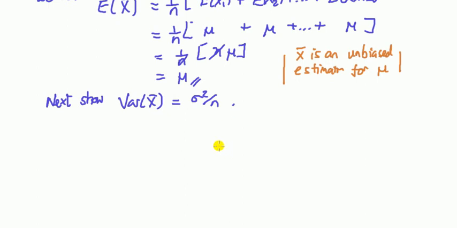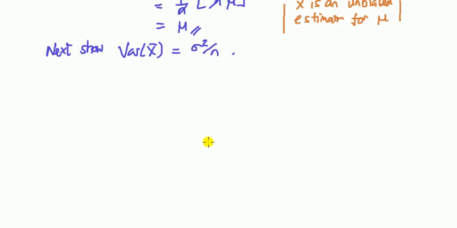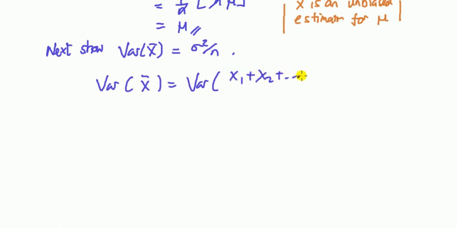The variance rules, like the expectation rules, I've done many videos on how to apply the variance operator, so I won't be doing this at a slow speed. Because we already know what x bar is, we can go straight to the variance of x bar equals the variance of x1 plus x2 all the way to xn, over n. Then we use the variance rules to say that for the variance of a constant times a random variable, the constant comes out and is squared.